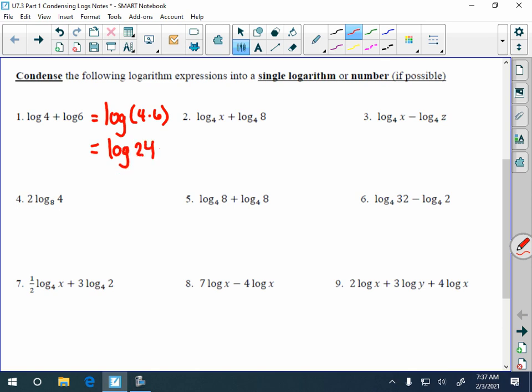Sometimes you'll see it with the parentheses around the 24, sometimes you won't. It's the same thing. All right, number 2, log base 4 of x plus log base 4 of 8. All right, so this is going to be log base 4 of x times 8, or I like to flip it around and make it 8x instead.